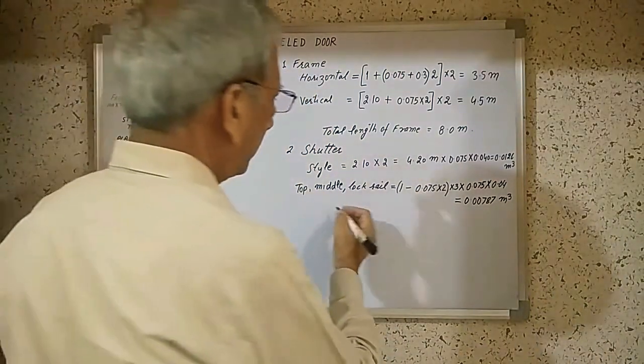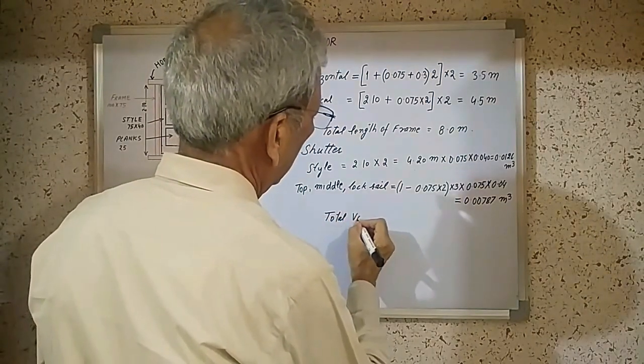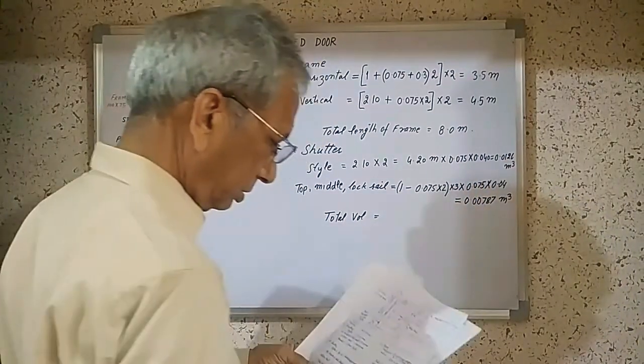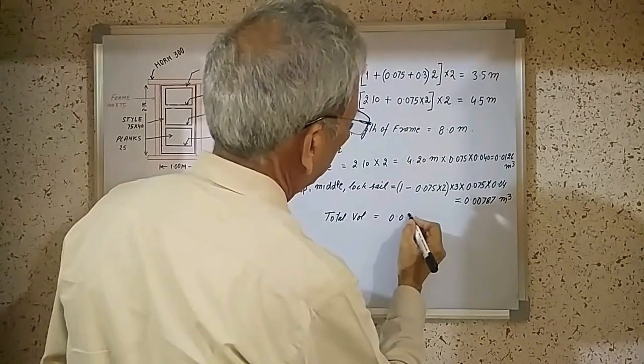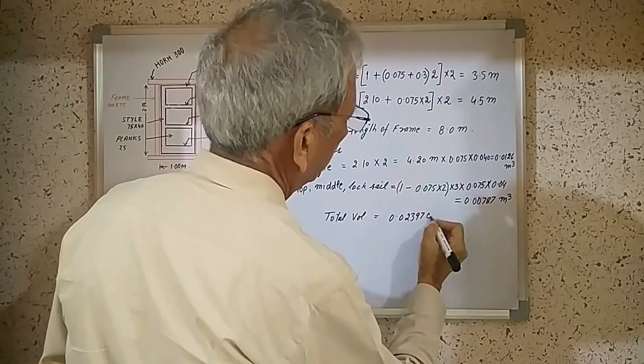Now the total volume will be equal to this plus this. This will be equal to 0.03 cubic meter.